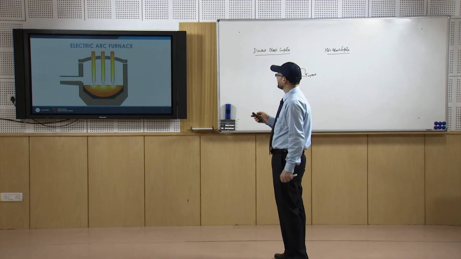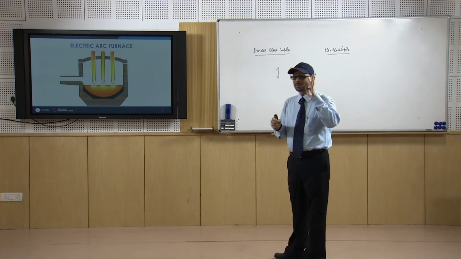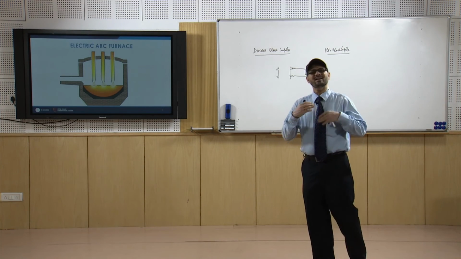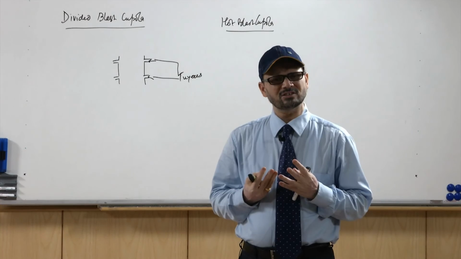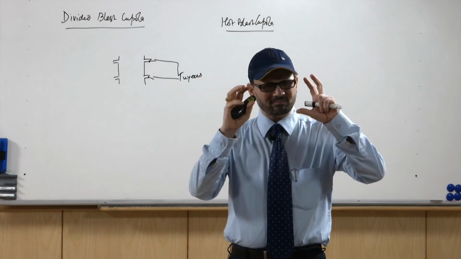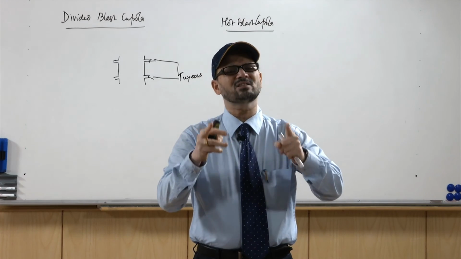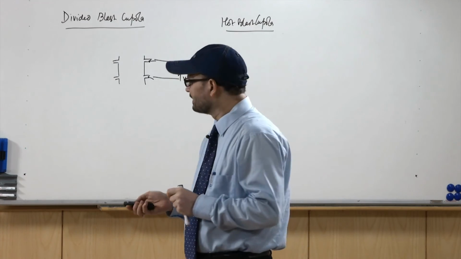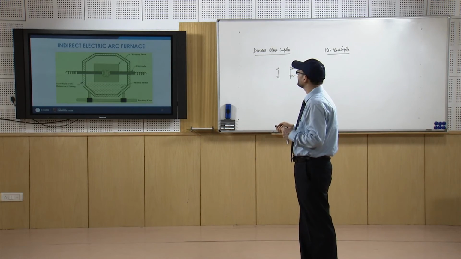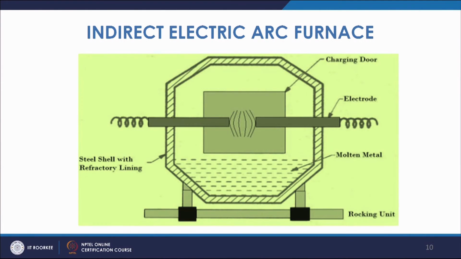In these cases you have two varieties: one is the direct electric arc furnace and another is the indirect electric arc furnace. In the direct type, the arc is in direct contact with the metal. The other variety is the indirect electric arc furnace, where the electrodes are touched and the arc is created, but this arc is not in direct contact with the liquid metal.